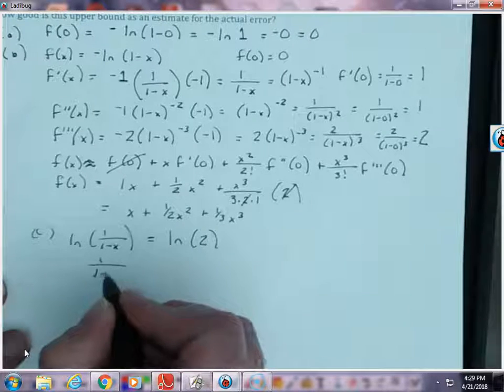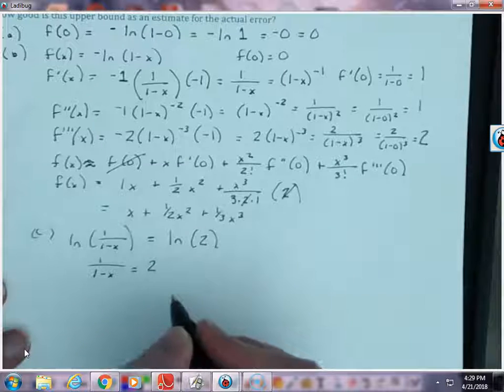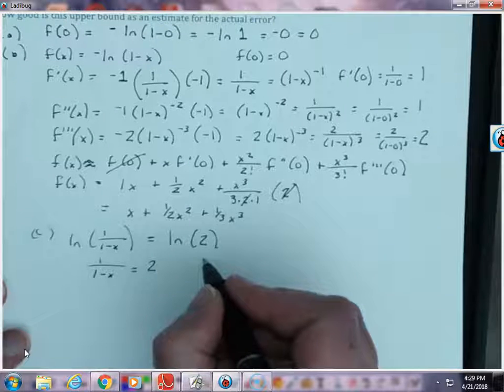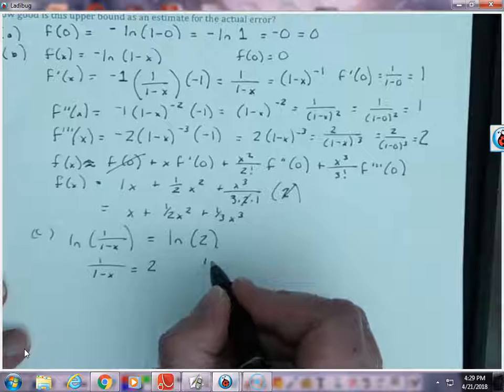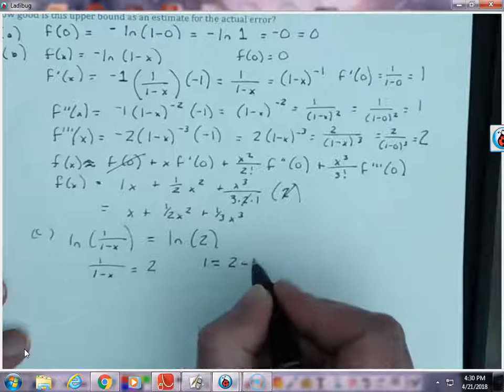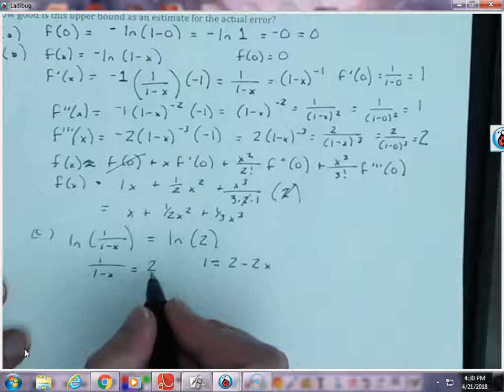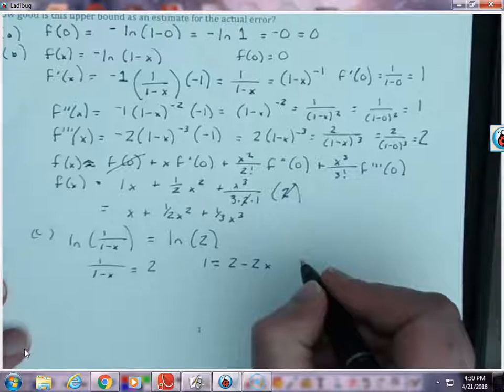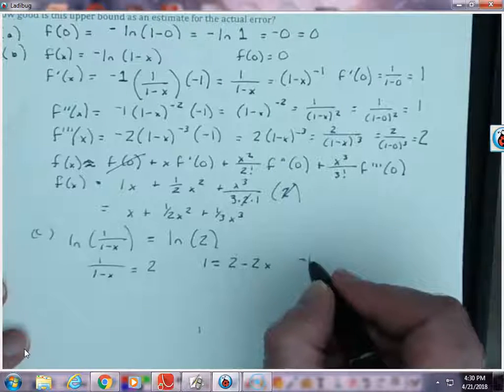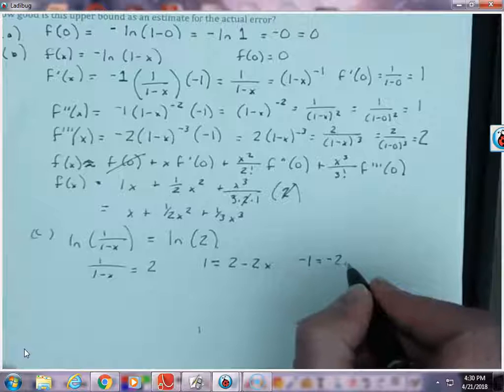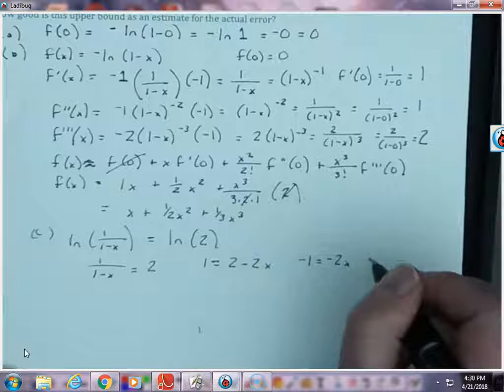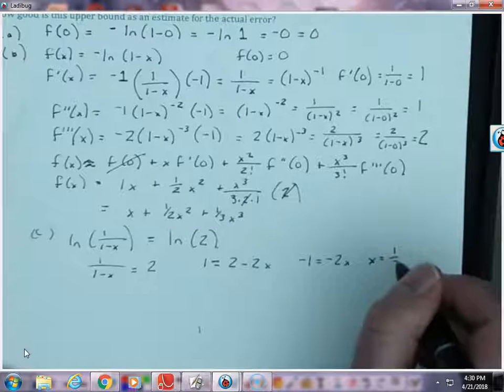So 1 over 1 minus x would have to equal 2. Multiply both sides by 1 minus x, so you'd have 1 equals 2 minus 2x, just distributing the 2. And then we could subtract 2, so we'd have negative 1 equals negative 2x. Divide by negative 2, and you would have x equals 1 half.